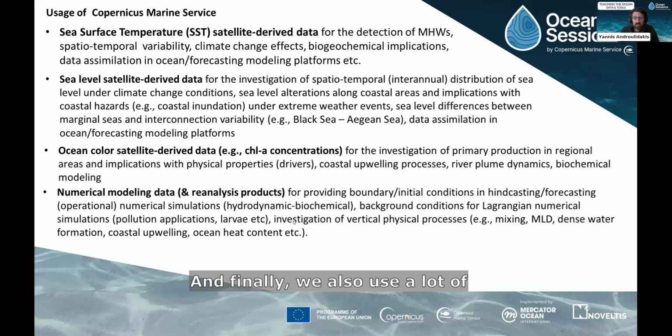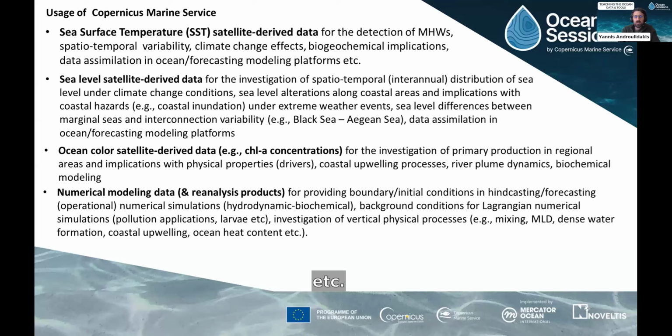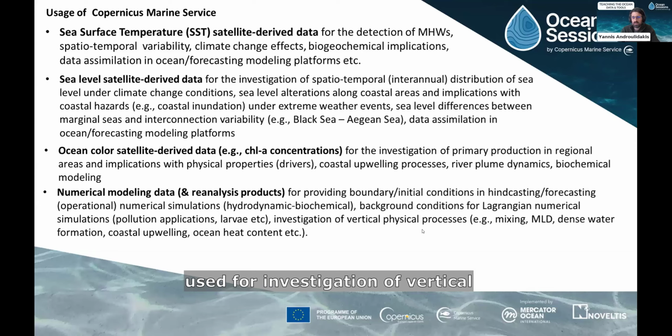And finally, we also use a lot of numerical data that are available in the Copernicus store, and these are related mainly to develop boundary conditions for our numerical simulations, both for hydrodynamic and biochemical, and also for Lagrangian numerical simulations for pollution applications, larvae dispersion, etc. And of course, these data are also used for investigation of vertical physical processes, because all the others are satellite and are mainly focused on studying the surface of the ocean.